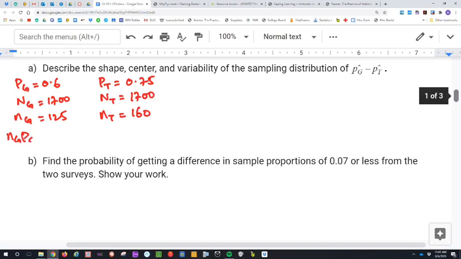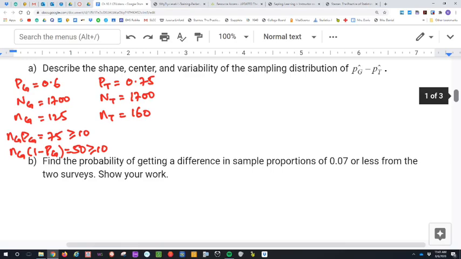Now we need to do the n times p. But in this case, we have two different populations, one from Granger and one from Taylorsville, so we need to do it separately. We take n G, the sample size from Granger, times the population proportion from Granger, which equals 75, and that's greater than or equal to 10.